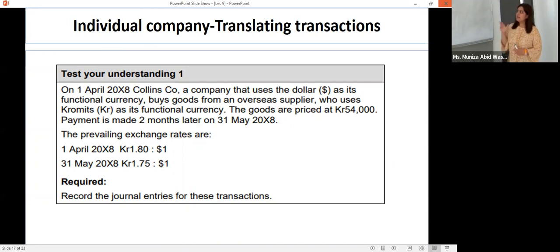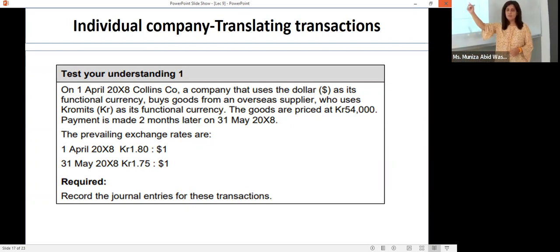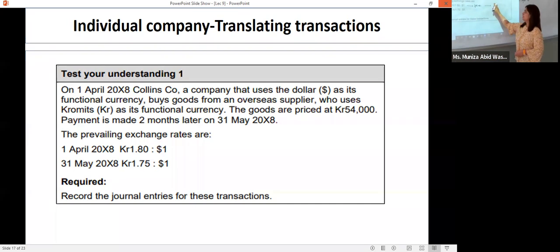The goods are priced at 54,000 chromits. This 54,000 has to be converted into US dollars using the spot rate. What is the spot rate? It's the rate at 1st April 2008, when the transaction occurred.